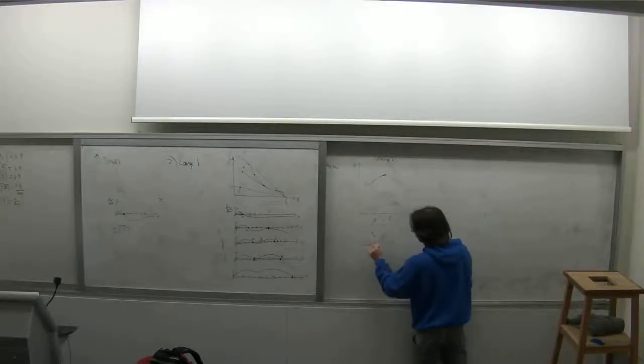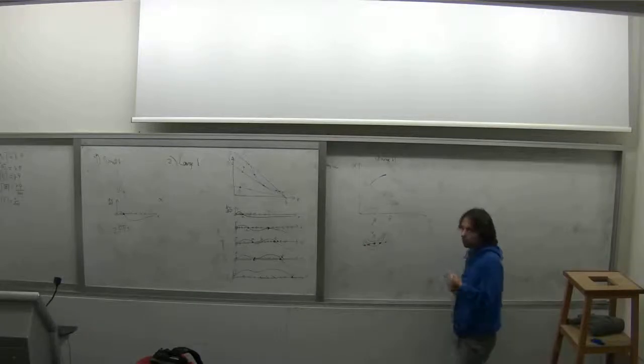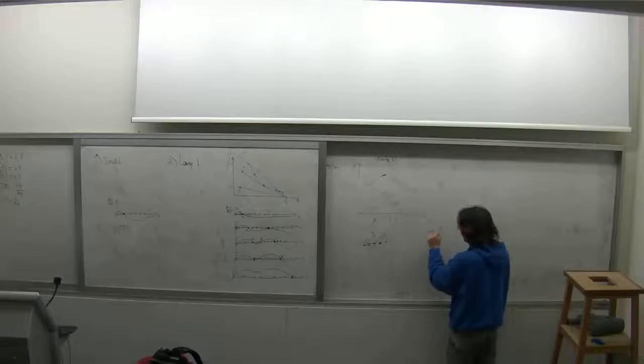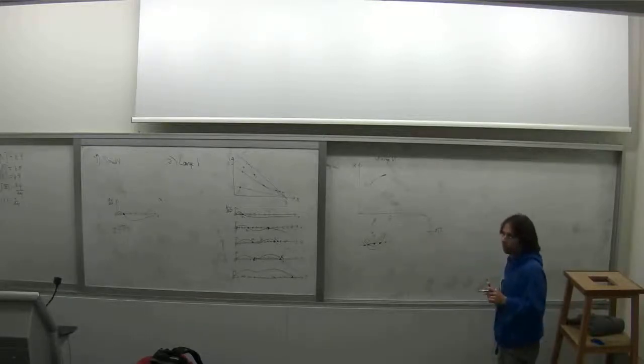From the moment the fixed points are formed, the way that they separate from each other in the saddle node bifurcation is initially according to x goes like plus minus square root of s.